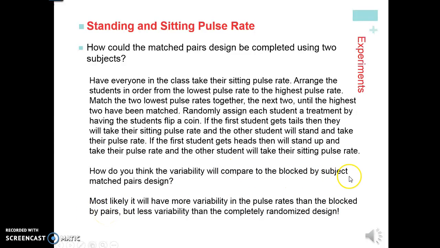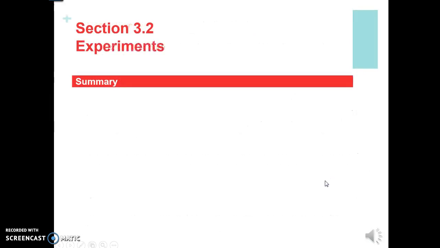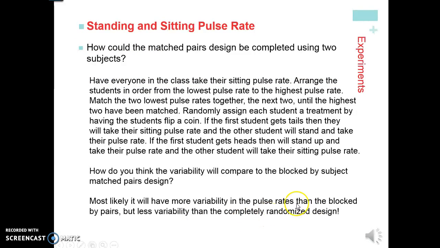Blocked by subject was the one that was one subject doing both of them. Since they're two different people, there's probably going to be a little bit more variability in the pulse rates. We're going to get a wider range when we're blocked by pairs than if we're blocked by subject. That's your before and after, or one subject doing both treatments. But it's going to have less variability than the completely randomized design. So this one's in the middle.